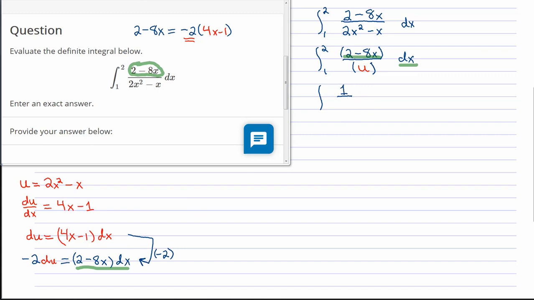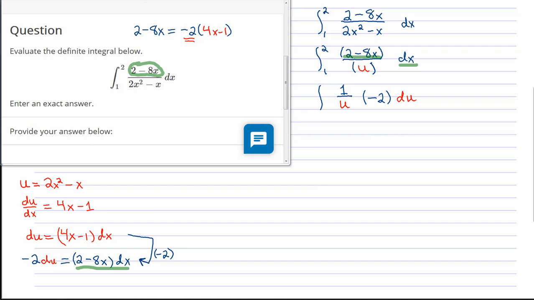And then you've got a u. Now the green stuff went away, and it turned into a -2 and a du. So we traded in the green stuff for a -2 and a du.